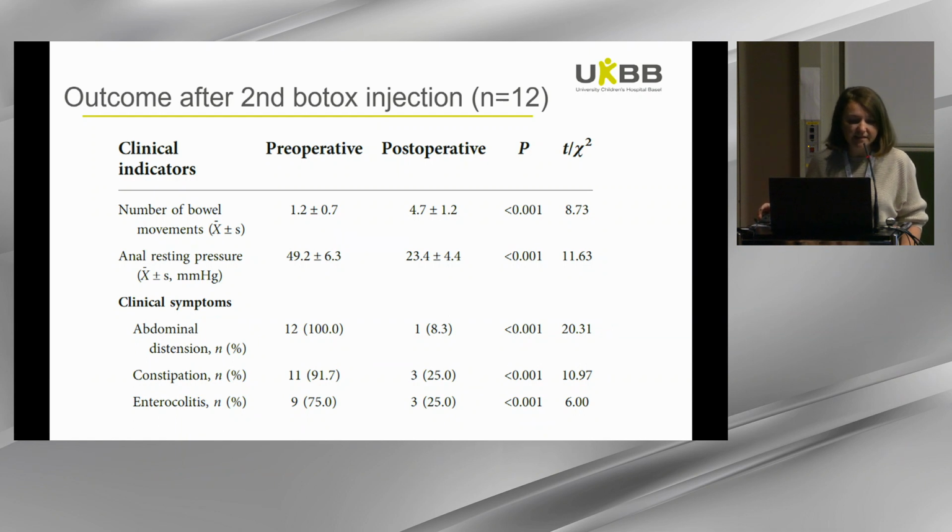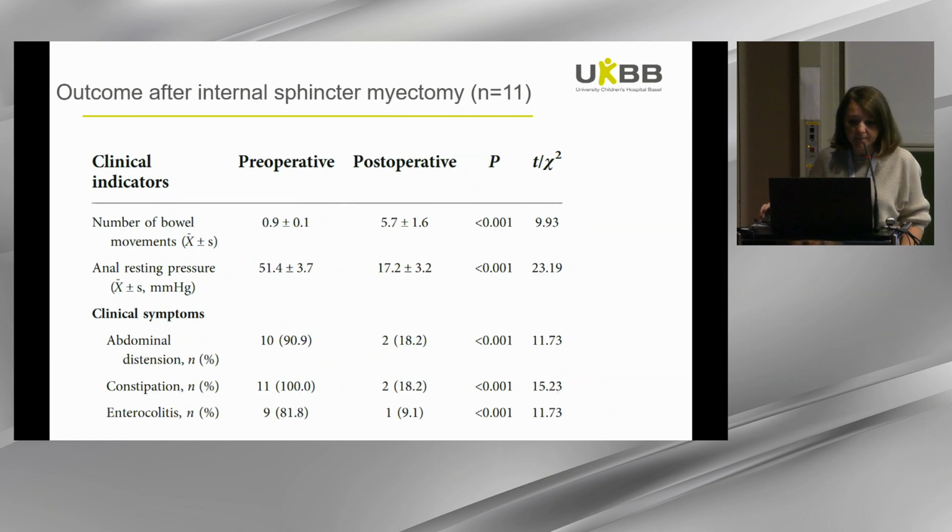And here we have the same outcome. Number of bowel movements increases, anal resting pressure and clinical symptoms decrease. And 11, so a third of all patients included, had a sphincteromyectomy performed. And the number of bowel movements, of course, increased, anal resting pressure and symptoms decreased.